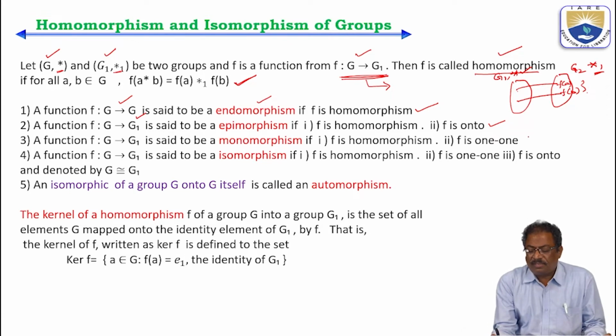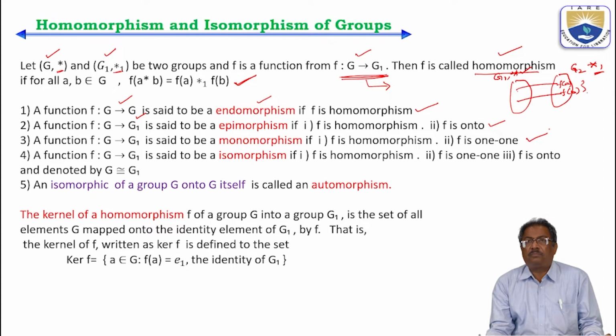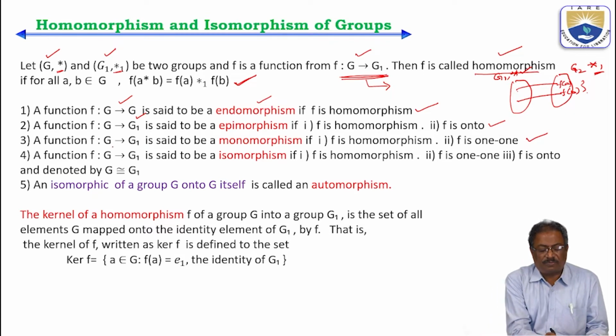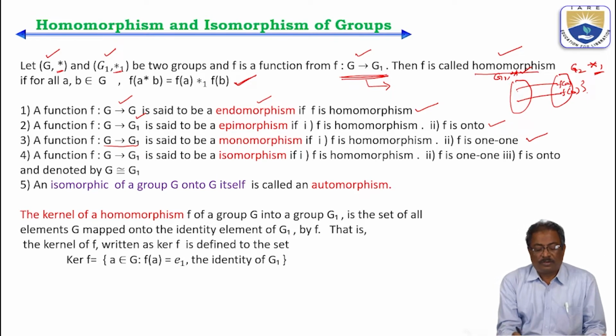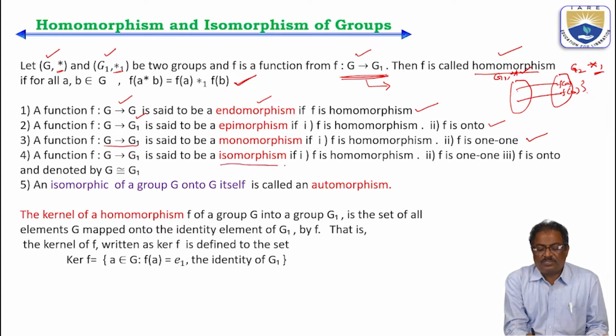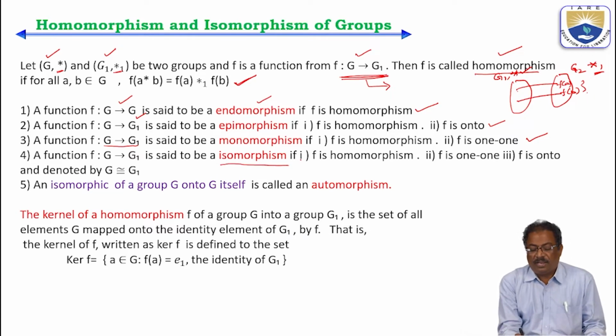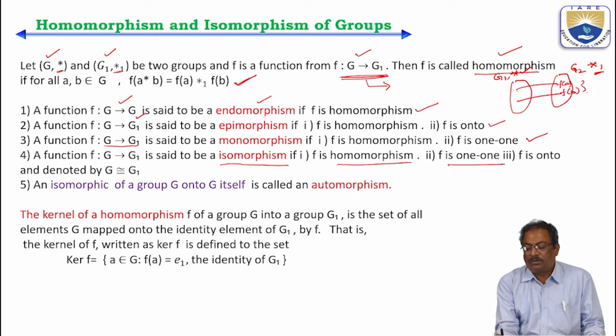Then another one is monomorphism. A function F defined from G to G1 is said to be monomorphism if it is a homomorphism and one-to-one. And next, the function is said to be isomorphism if it is homomorphism, one-to-one and onto. So whenever these three conditions are satisfied, then the function is said to be isomorphism.